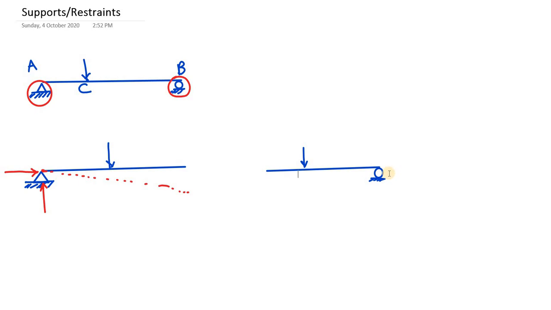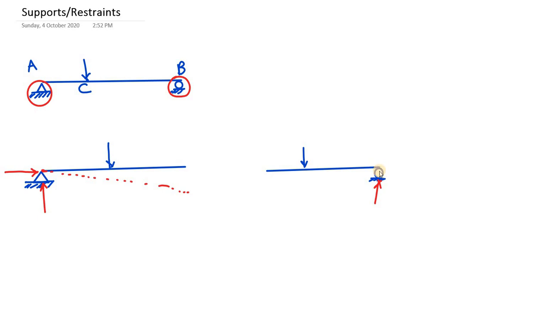So the reason you show a vertical reaction at this location in case there's a vertical loading is because this support is capable of preventing the vertical movement, vertical translation, of this end.